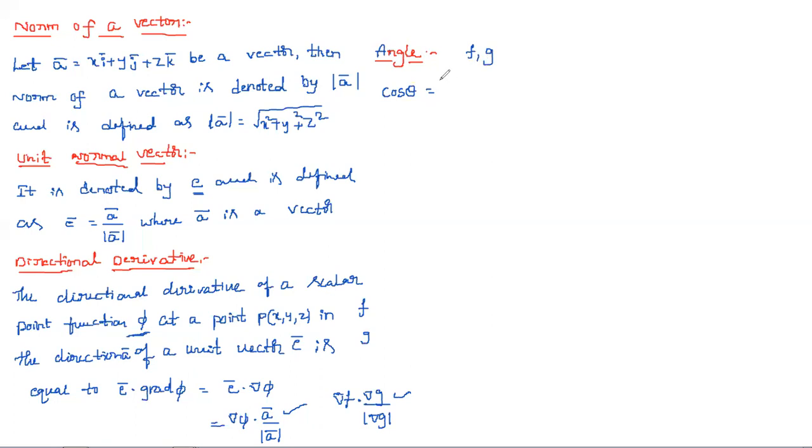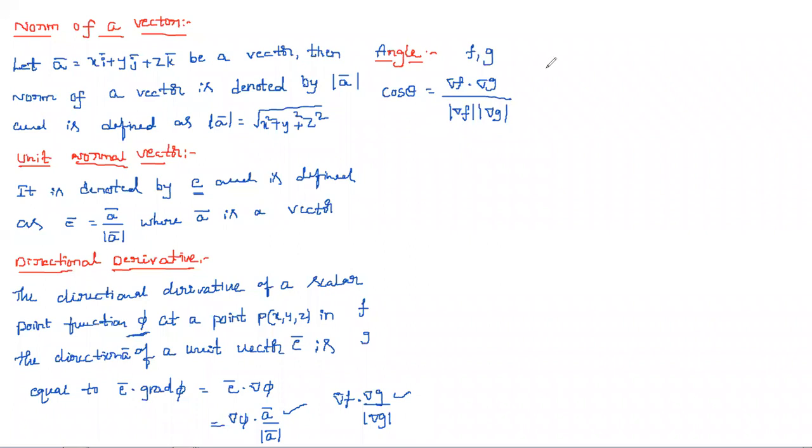Then the angle between these two surfaces is cos theta equals del f dot del g by modulus del f into modulus del g. This is the formula we use for finding the angle between two surfaces.